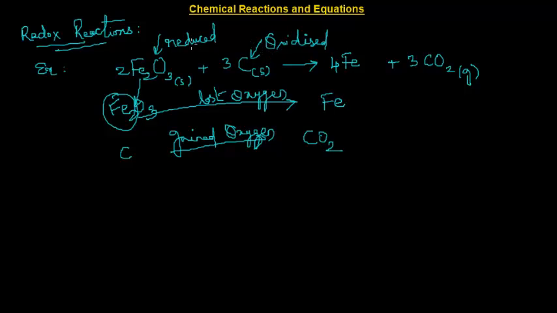Therefore, it is called reduction, oxidation, redox reaction. I hope you understood what is oxidation, what is reduction, and what is a redox reaction. In our next video, we will see some more types of reactions.